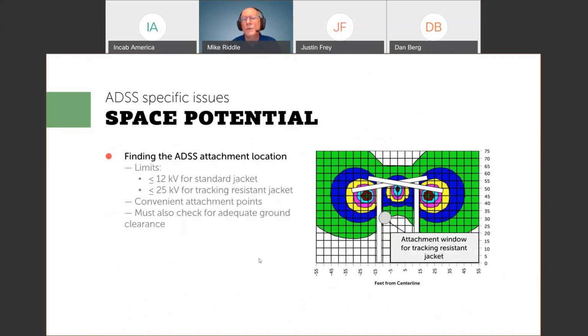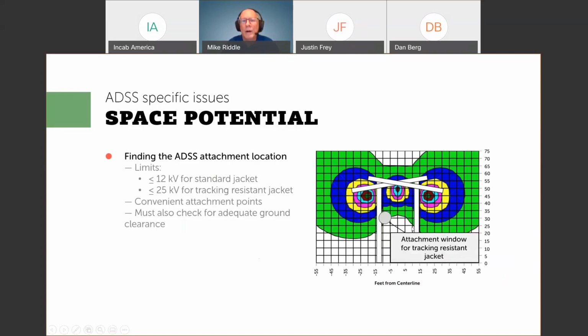So how would you use a chart like this? Well, you can take a hint from what I said a moment ago. If the white is 12.5 kV, well, you could attach to the white as long as this, which says 25 feet roughly, means that you have enough ground clearance. Yeah, okay, that would be fine.